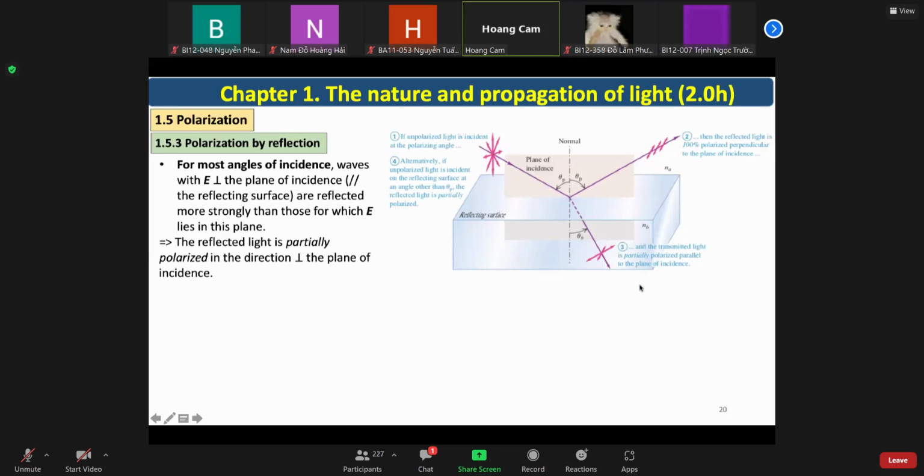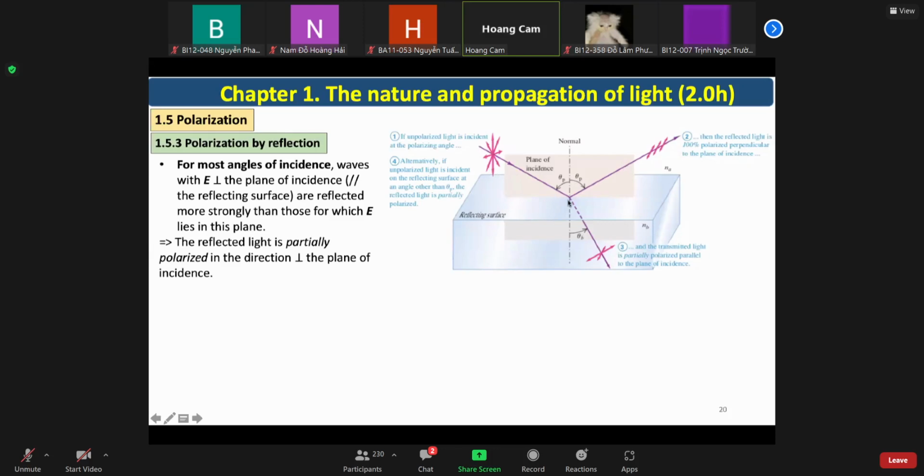So I note here again, plane of incidence. Pay attention to that. You have some concepts related to the phenomenon. The plane of incidence and the reflecting surface are perpendicular to each other.